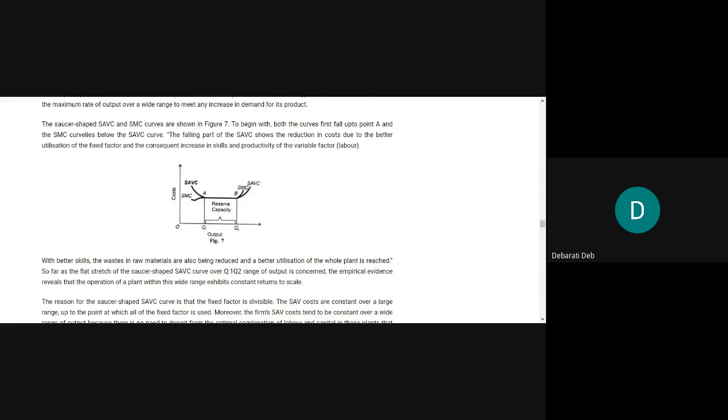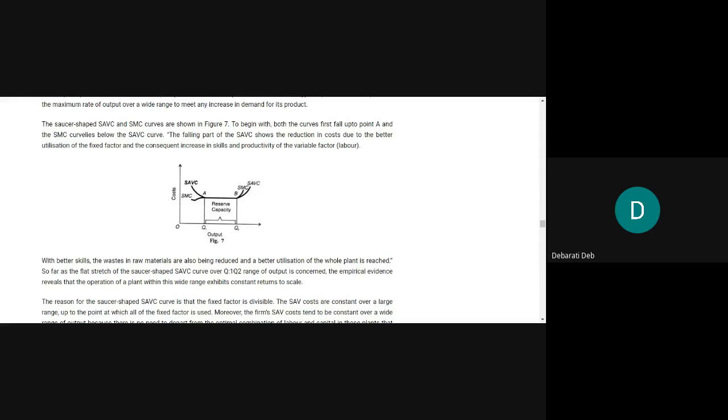So both of these curves will start to fall. You draw the SMC in such a way that you show it as falling. Don't draw it increasing like that. Show it like it is falling only. Draw it like SAVC only, but it will be below SAVC till the point A.